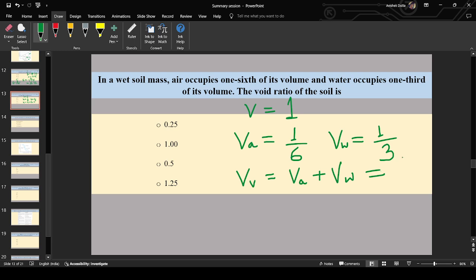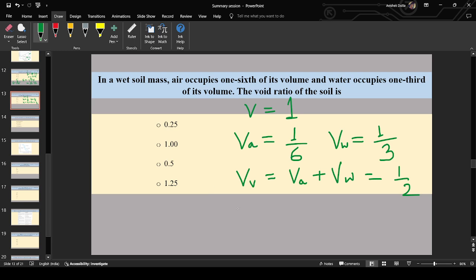That gives us half, isn't it? Volume of voids is equal to the volume of air plus the volume of water. So 1 by 6 plus 1 by 3 gives us half.